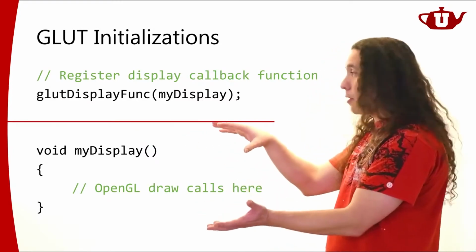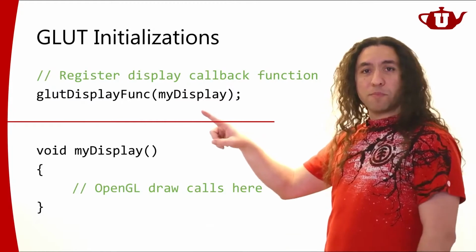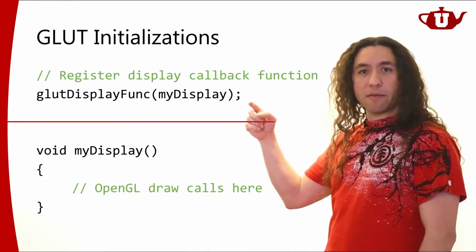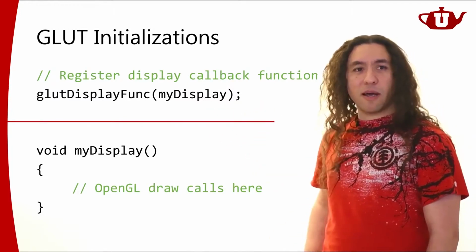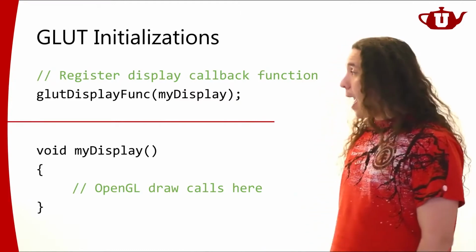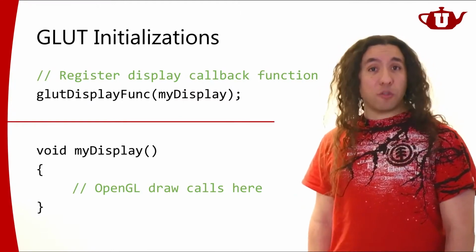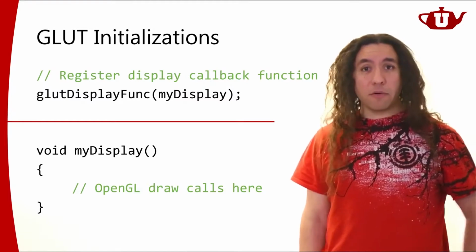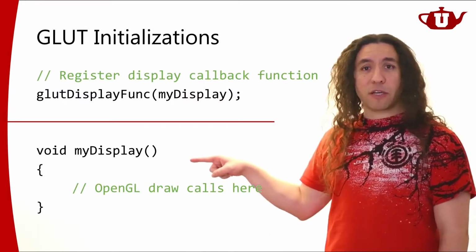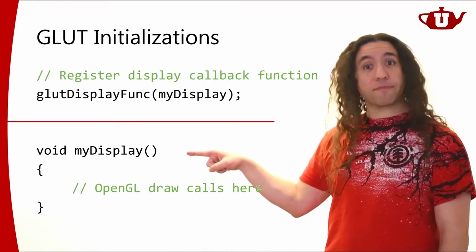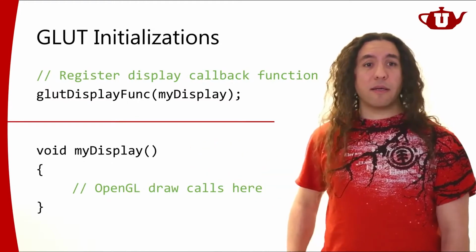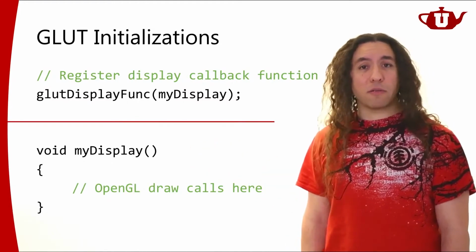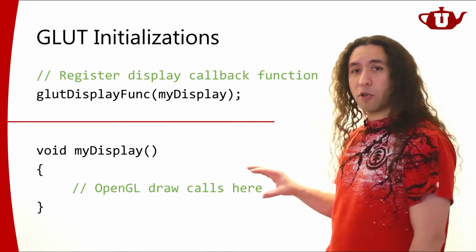It's right here somewhere in your code. You're just going to put the name of your function, and that will register this display callback. So whenever GLUT wants to draw something on your window, it will call your function, and your function will be responsible for doing all the drawing. So OpenGL drawing calls will be here.